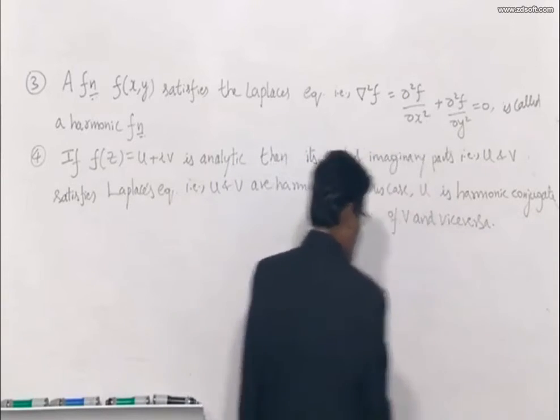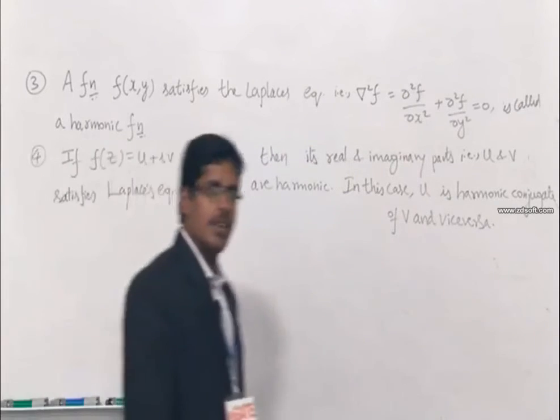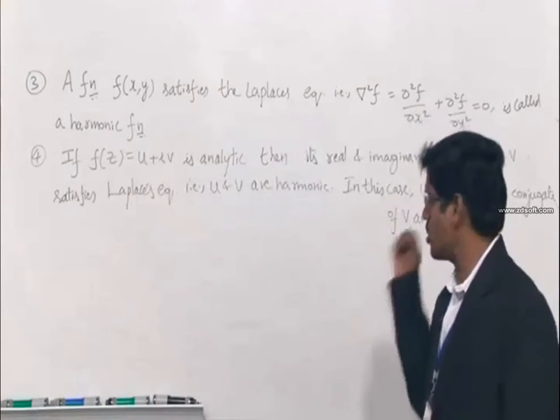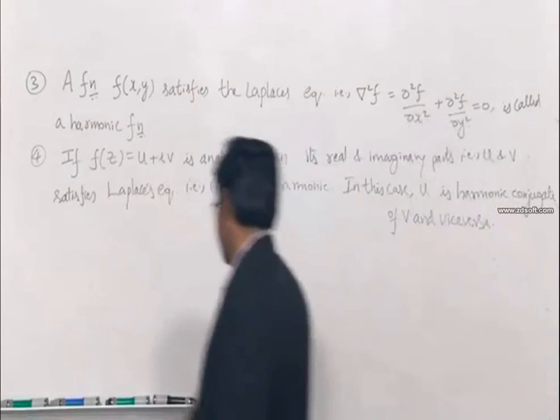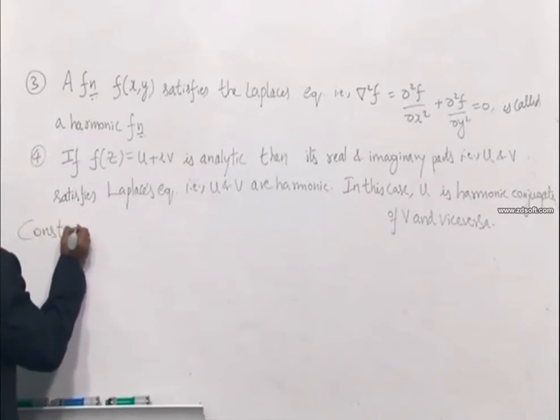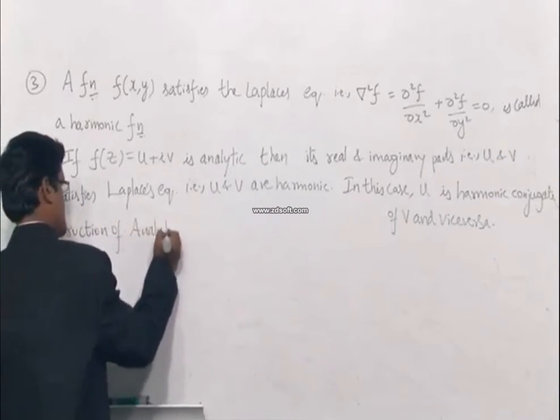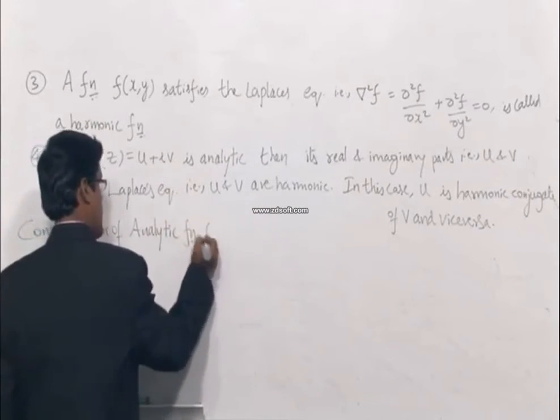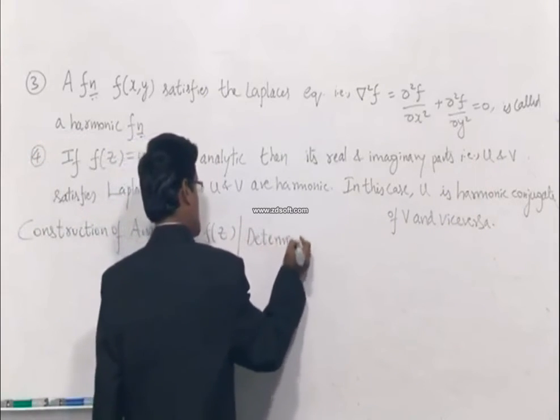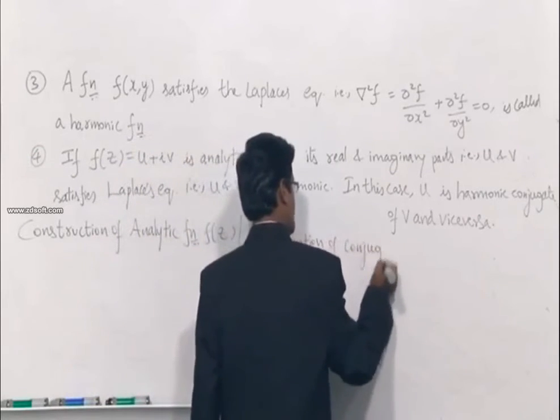Now I am giving the procedure for finding u whenever v is given, finding v whenever u is given, and whenever one of these is given, how to find f of z. Two methods are there. Now the problem starts after this discussion. You will get interested also. Construction of an analytic function f of z or determination of the conjugate function.